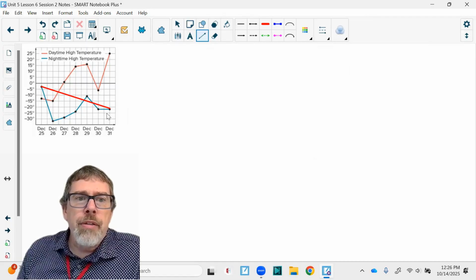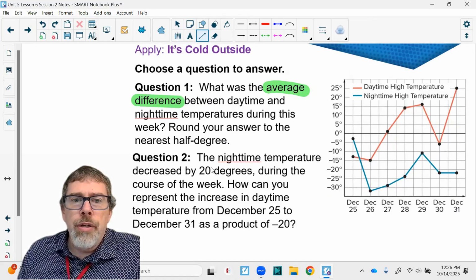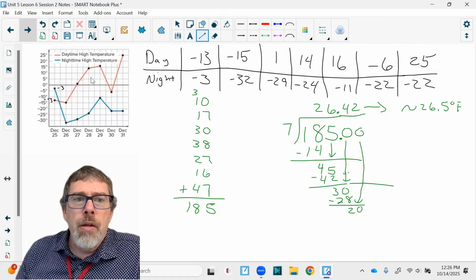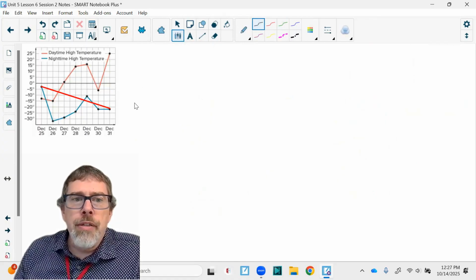From the start of the week to the end of the week, it decreased how many degrees? 20 degrees. Okay. Where does that go? There we go. 20. So it decreased. So on this red line, it went down 20 degrees.